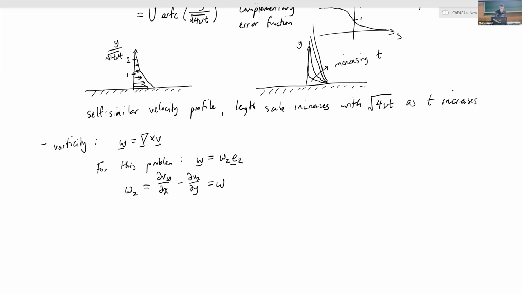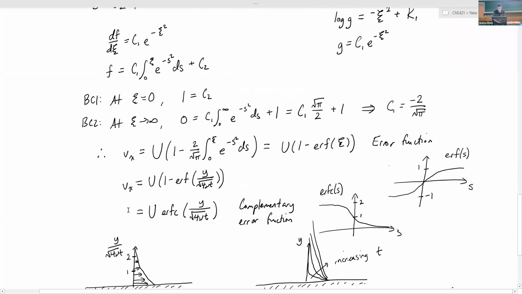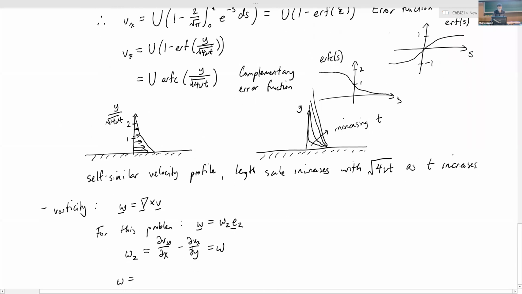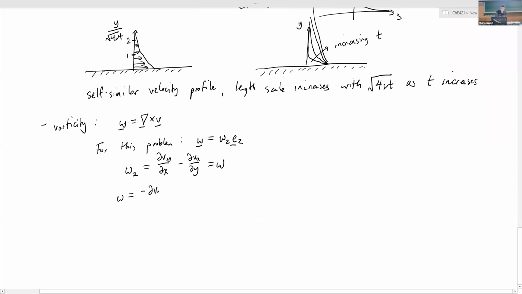Now, in our particular problem, our w is equal to dVy/dx, but there's no Vy. We only have a Vx here, right? And so that's also equal to 0. And so we have just minus dVx/dy, because Vy is equal to 0.